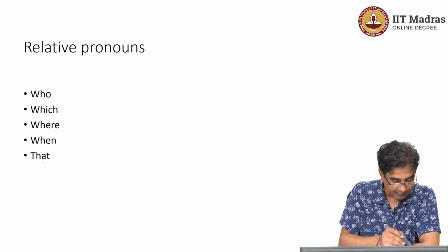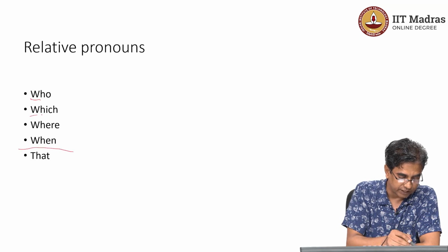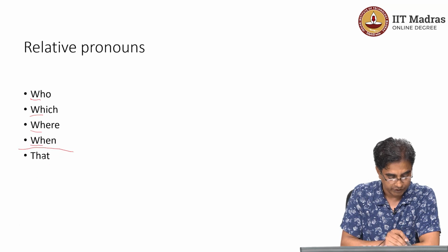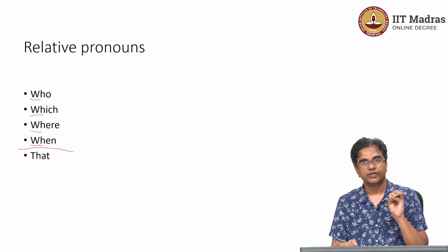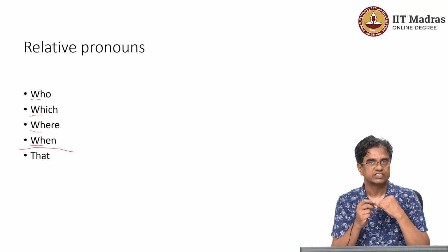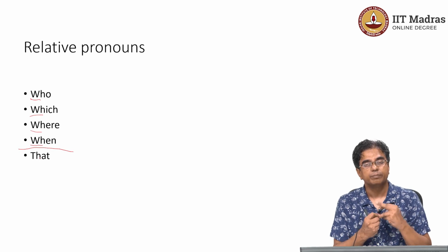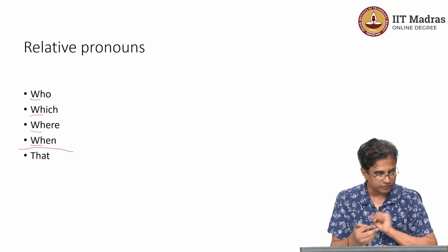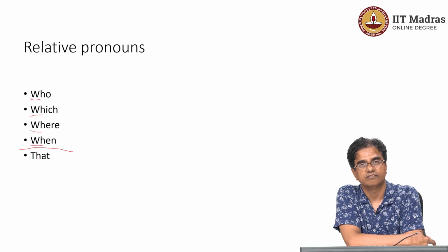That is a word which is not beginning with WH, but it is also a relative pronoun. You know, that is a demonstrative pronoun as well. So, that has multiple functions. That has a function of a relative pronoun, that has a function of a complementizer, that has a function of a demonstrative pronoun. So, this word that has several functions in the English language.